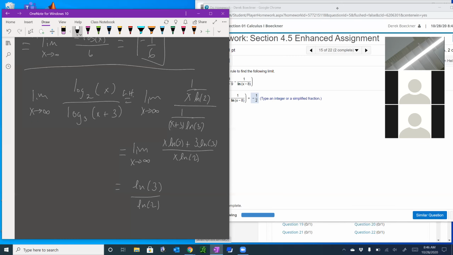So the natural log of 3 over the natural log of 2, which is log base 2 of 3.